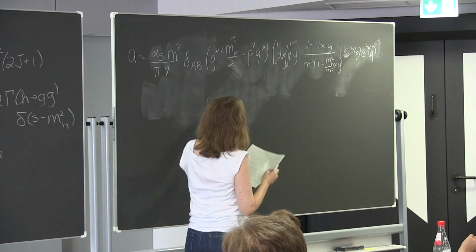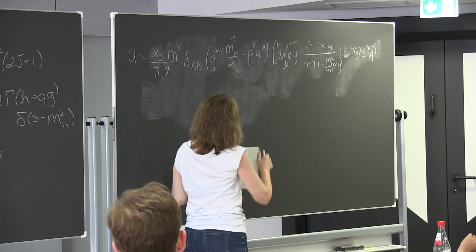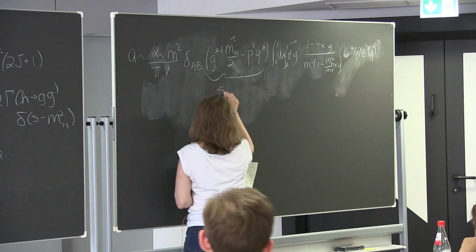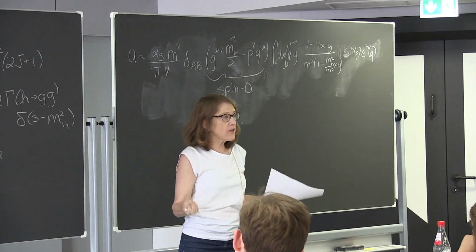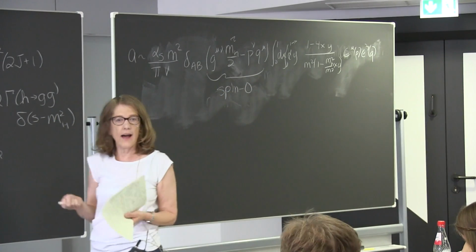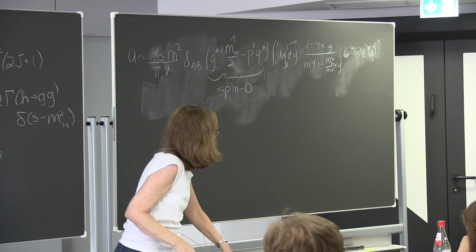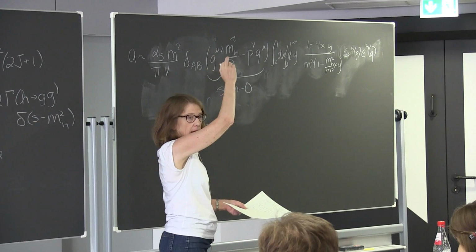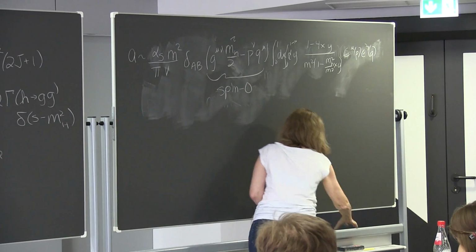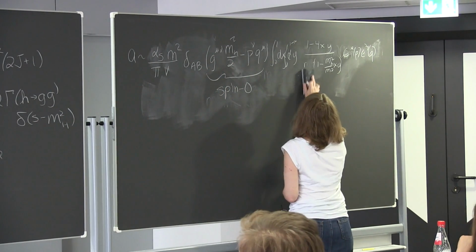So this form is required by gauge invariance. So this is the form for a spin 0 amplitude. So if I'd gotten any other tensor structure, it would have been wrong. I knew I had to have that form. But the other thing is that I've got these two m squareds here, right? And I've got the 1 over m squared there. So I'll just erase the m squareds.